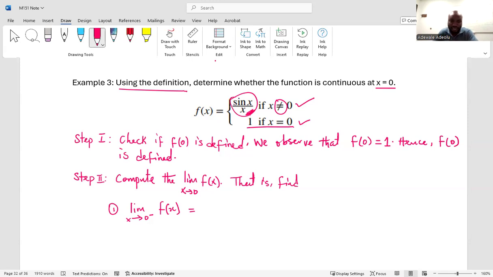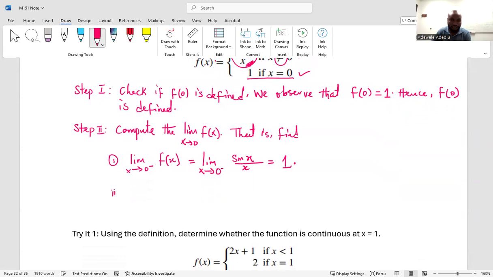Now, it turns out that we will have the limit as x goes to 0 of sine of x divided by x. Remember, we have solved this in my last class, in the earlier video, that this result is 1. So you see, this is why you must know this special limit. You must be able to retrieve them anytime you need it.